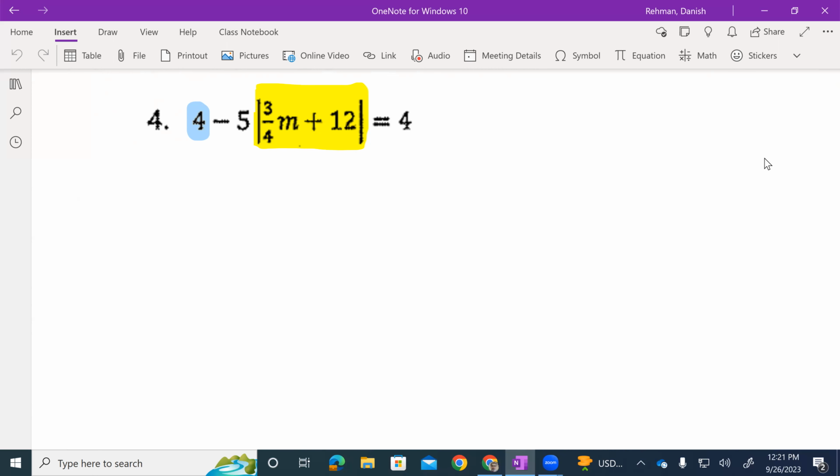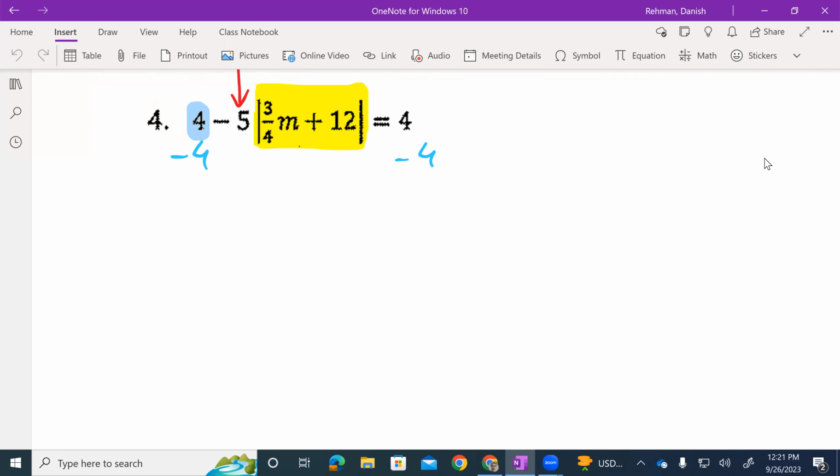Make sense? How can I get rid of this 4? How to remove it? Any idea? What should I do to get rid of this 4? Anyone? Subtract a 4 from both sides. Exactly. Let's do it. So minus 4 on left hand side, minus 4 on right hand side.